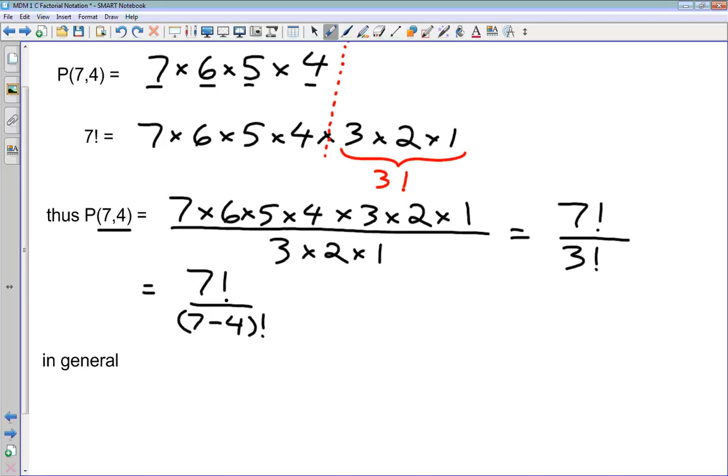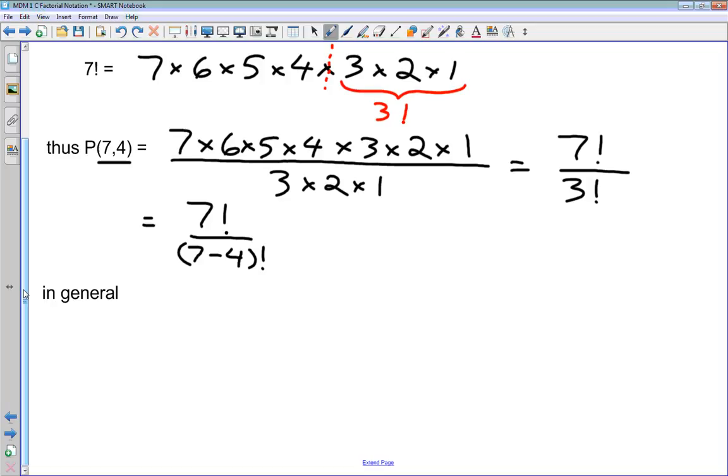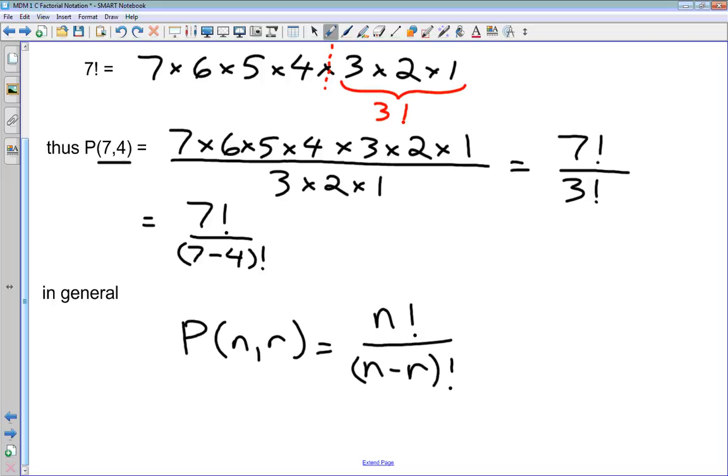Permutation 7, 4 here is 7 factorial divided by 7 minus 4 factorial. Or in general, we're doing a permutation with n and r, r elements pulled from n total elements. The formula is going to be n factorial divided by n minus r factorial.